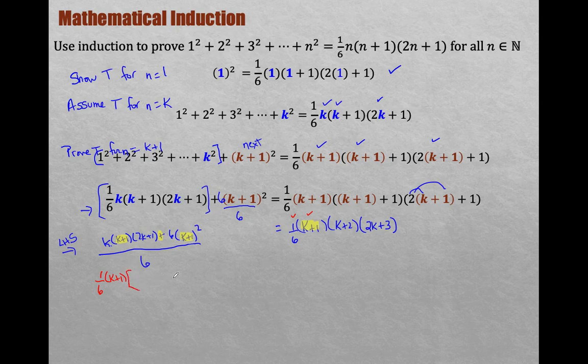And what do I have left when I do that? I've got a k, I've got a 2k plus 1, I have a plus, and I have a 6 with a k plus 1. What do I have now?